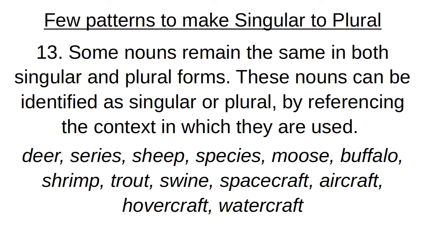If you use these nouns, how do you identify whether you're using the singular form or the plural form? Because both are the same. So you have to refer to the context in which they are used. If the context suggests a singular usage, then you take it as a singular noun. And if the context suggests a plural usage, then you take it as a plural noun.